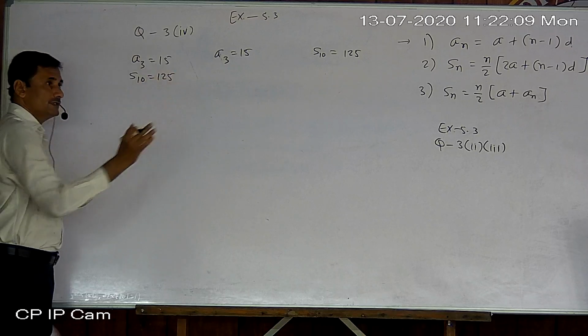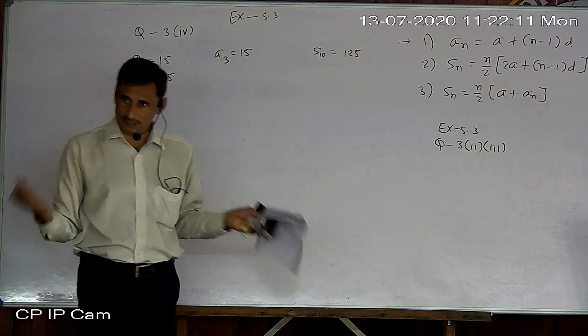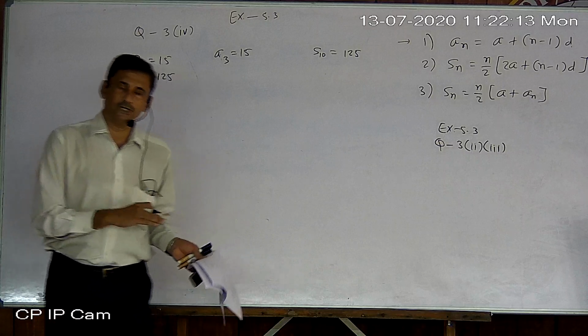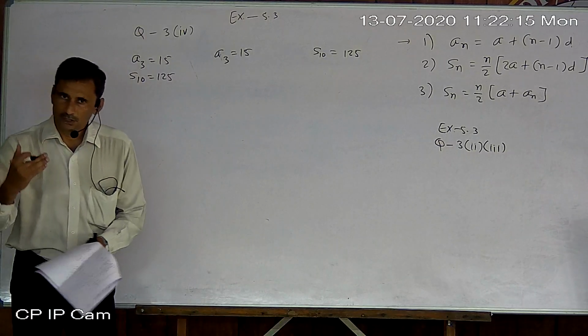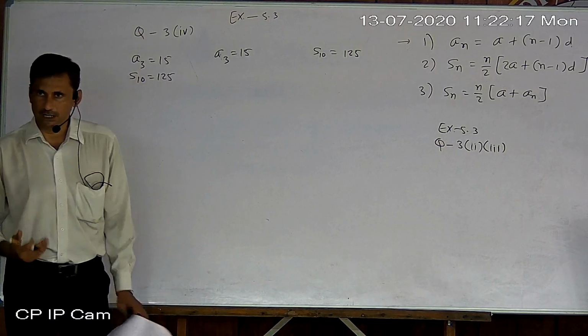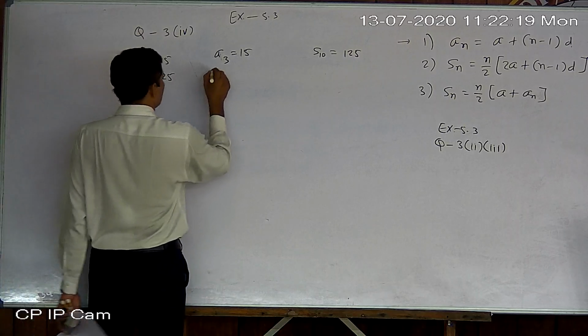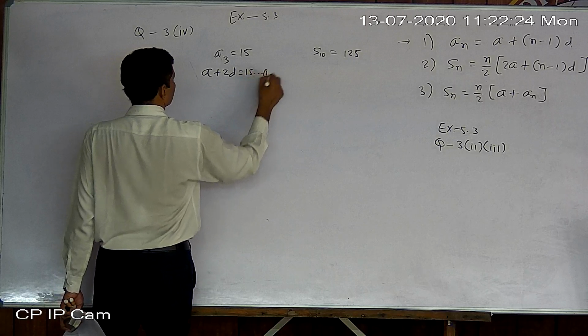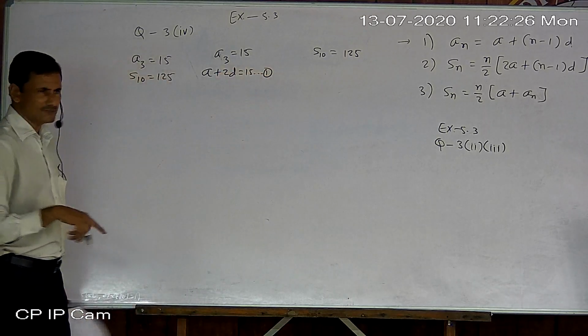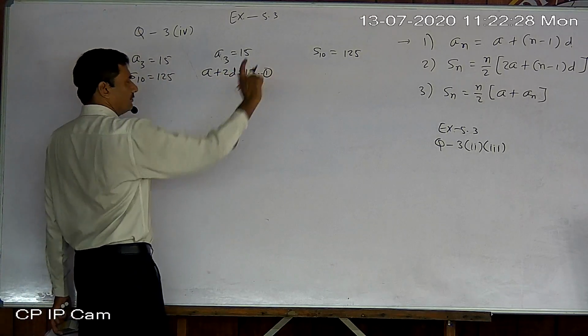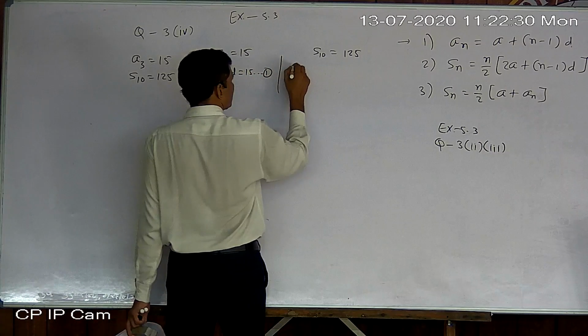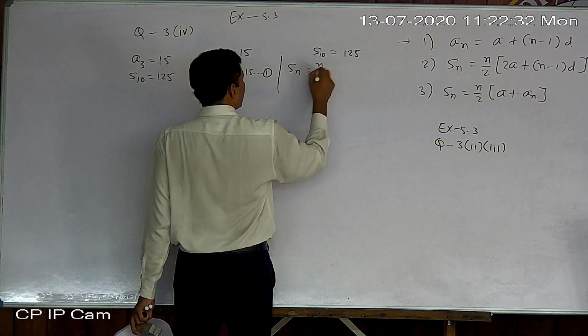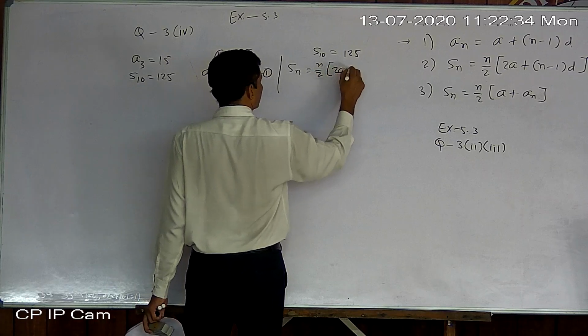Whenever the n are different, meaning two different terms, two different sums, or one particular term and one particular sum is given, at that time always two equations. Now I can write here directly: this is our first equation. Why? You know a plus (n minus 1)d, so no need to write that formula. But here I have to write that formula first, then only I can find the equation. Okay, so be careful here.